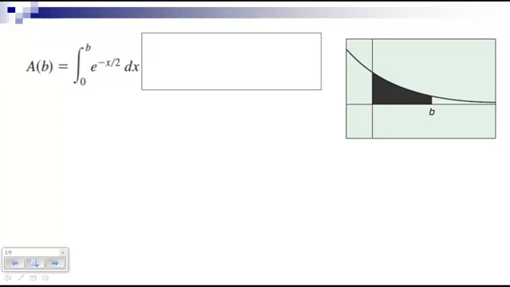Surely there's not enough boxes. Find out the area? I mean, if b was 1, could you find the area from 0 to 1 for me?